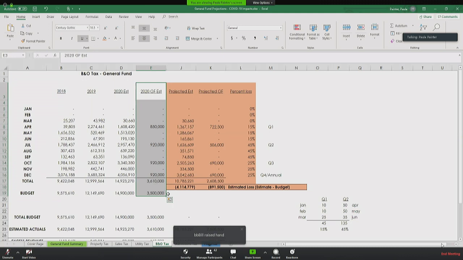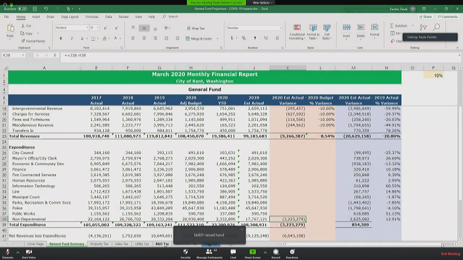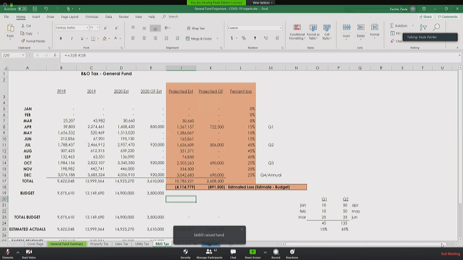I do know that the reduction in transfers out between street and parks is approximately, let me go down here, a reduction of $3.2 million if this were to come true to this criteria. I do not have the breakout in front of me of how much of that would be related to parks versus streets. Okay, that's good.